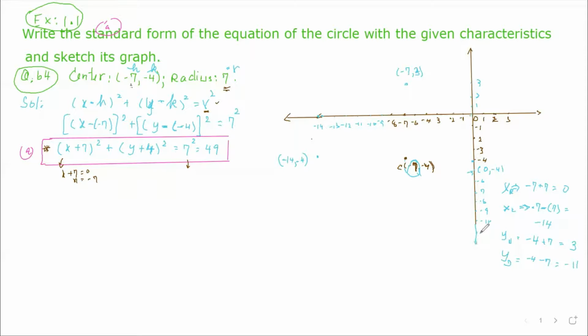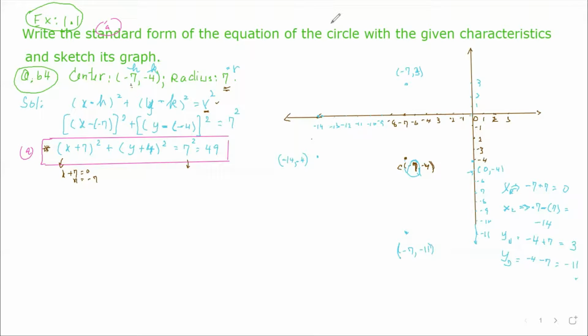This one is going to be negative 11. That's the one we need. So from this point, you have to bring it down here. To make right here negative 7, negative 11, which is x is negative 7. So this point x is negative 7 and y is negative 11. Did you get it or not? So after this, you just draw the circle, or this one really big graph, okay? So after this, you just plot the graph.